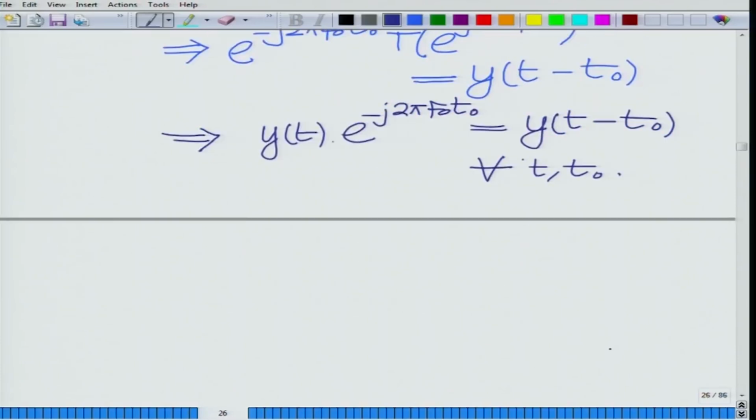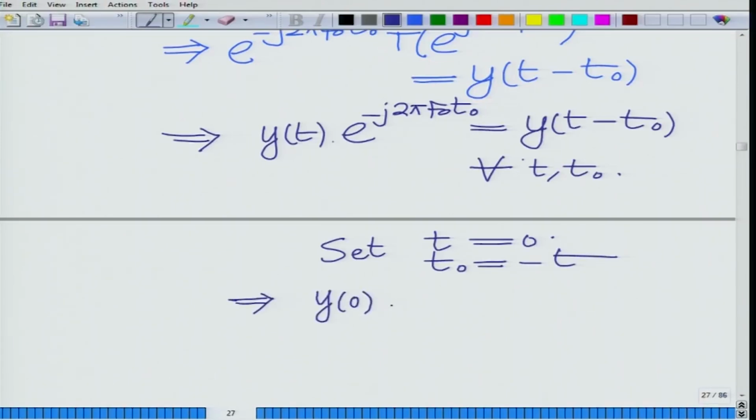Now set t equal to 0 and t naught equals minus t. This implies y of 0 times e to the power of j 2 pi f naught t equals y of t, since we are setting t naught equal to minus t.